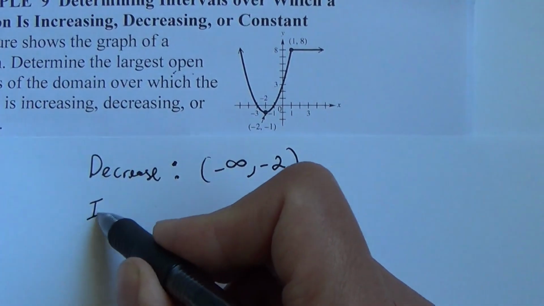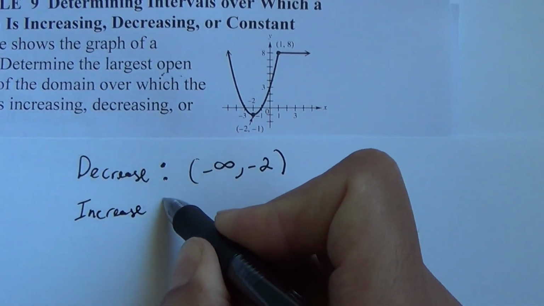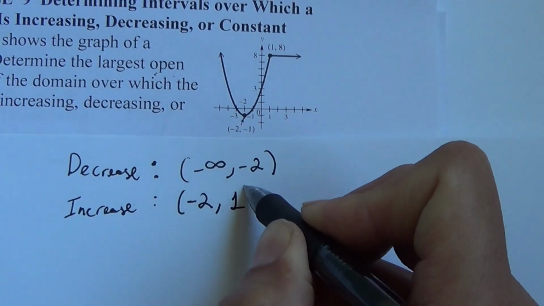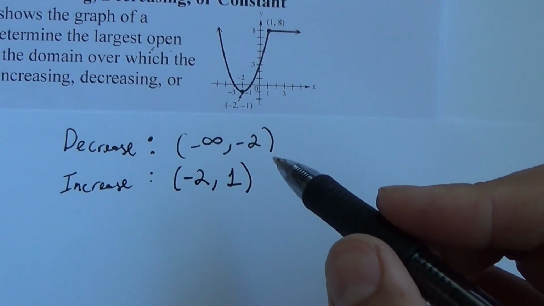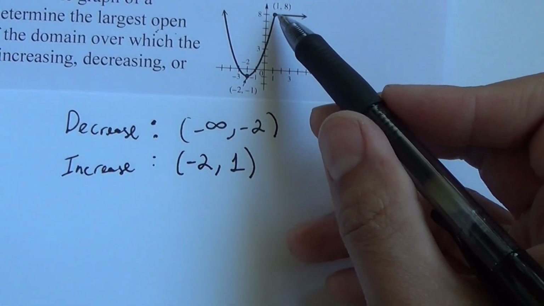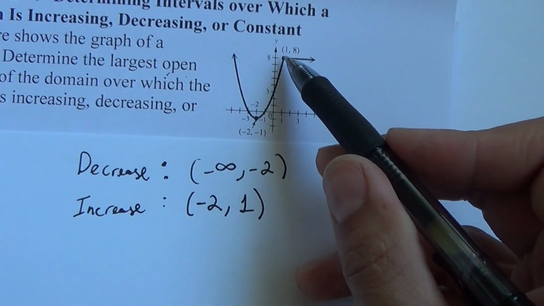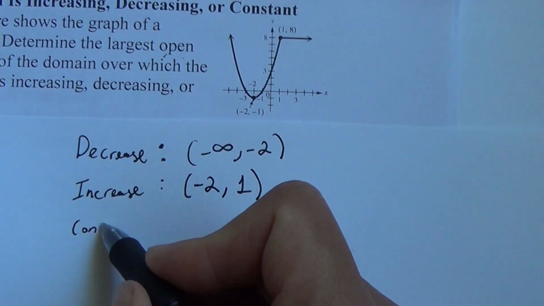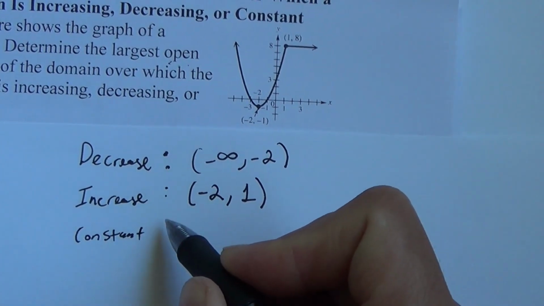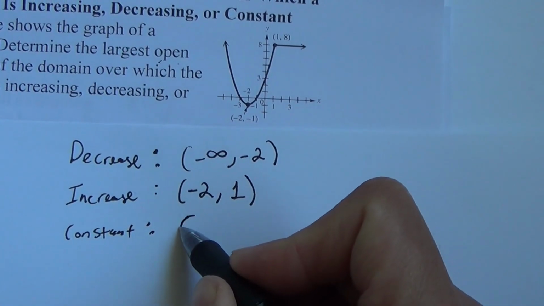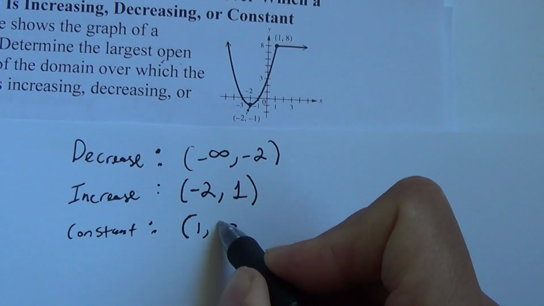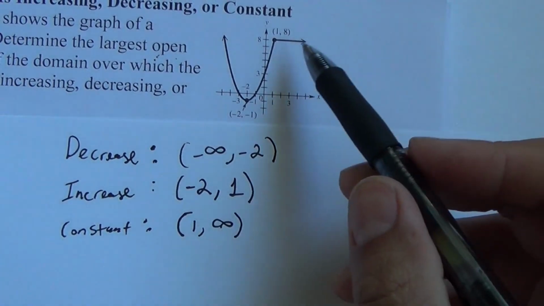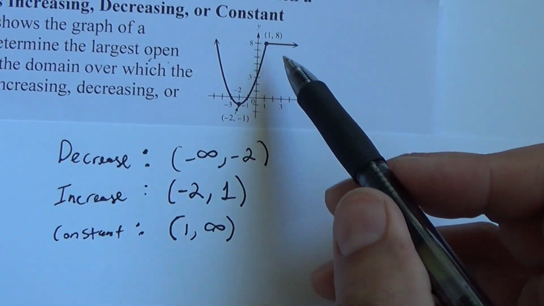So the increase is from -2 to 1. And it's going to be constant from 1 to infinity. Again, we're using open intervals because the directions want us to use open intervals.